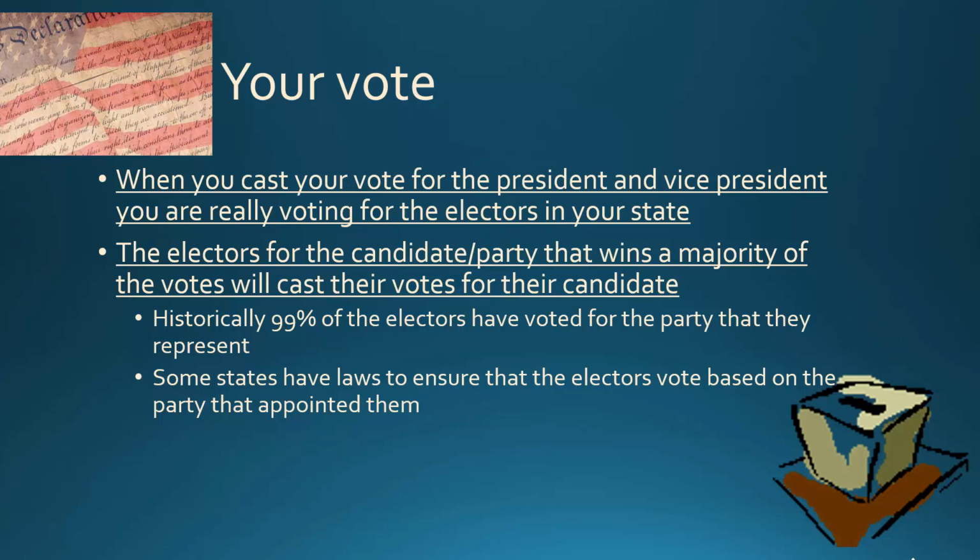So what could end up happening is you could have electors who are appointed by one political party, and then they could, in theory, vote whatever way they wanted to, so they could vote for the other political candidate. And once again, 99% of the time, the electors have voted for the party who nominated them to be an elector from the state.